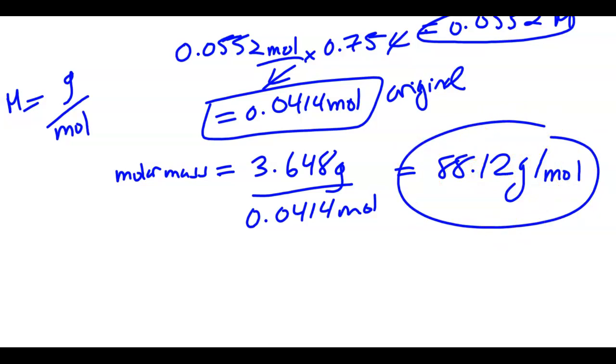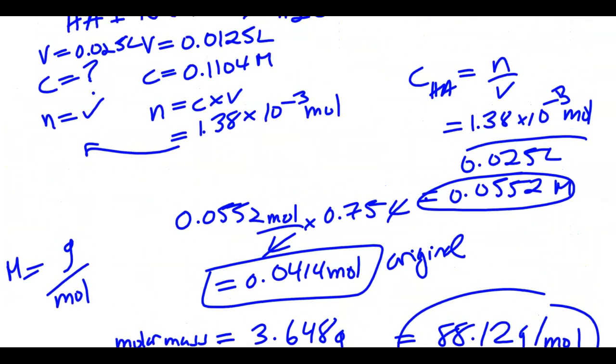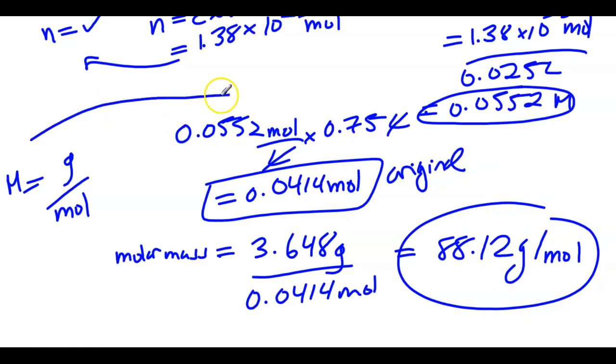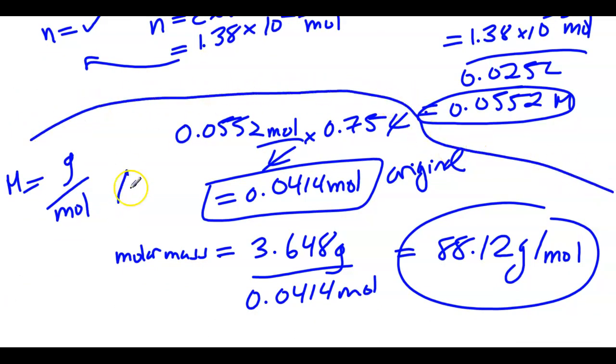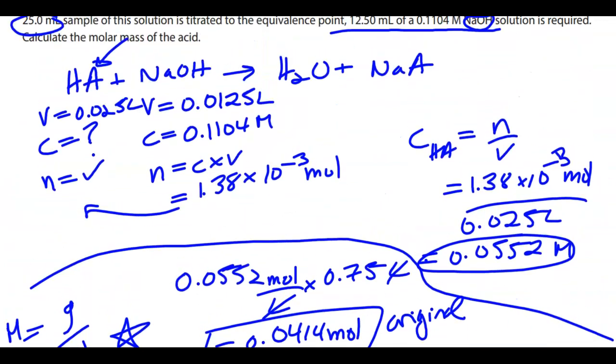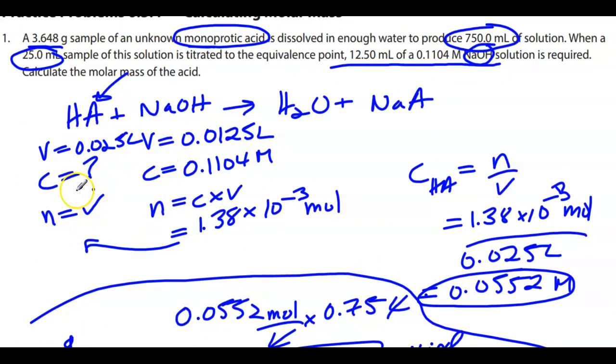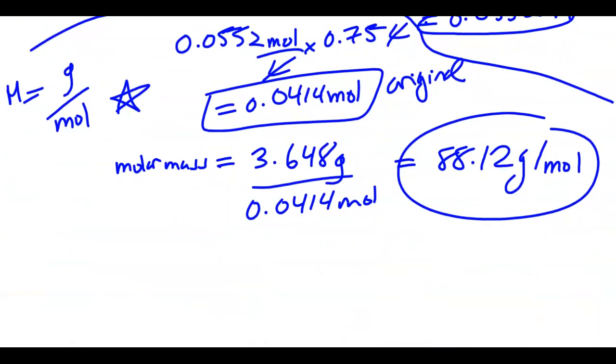Okay, so the new part is the portion at the end, right? This right here. The portion at the beginning, where you're just trying to solve for the unknown concentration, that's as per usual. But it's the finding out of the grams per mole, the molar mass, which is different.